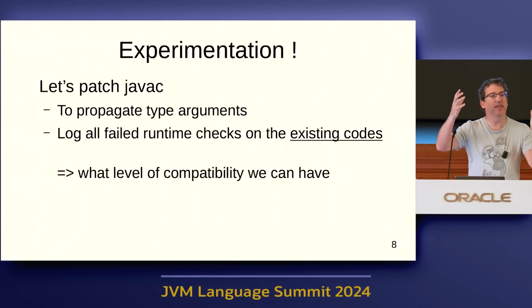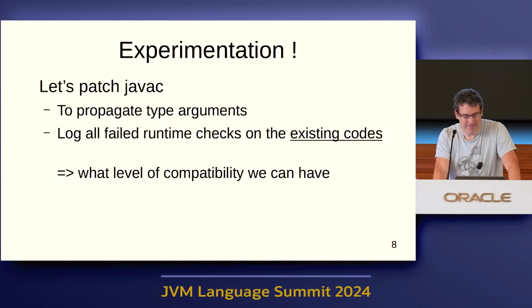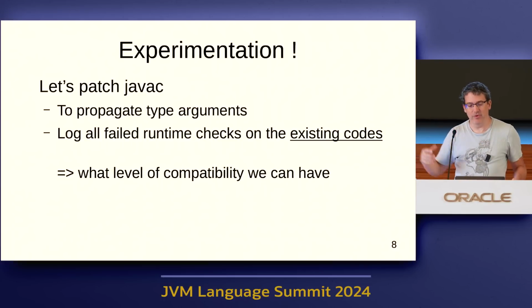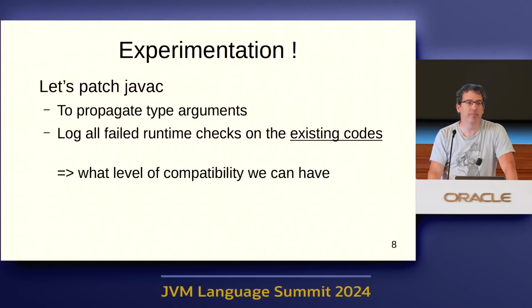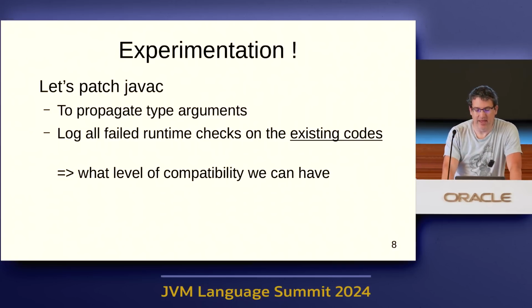We take existing programs and run them on the prototype, which we call Diego, obviously, and see if there are a lot of runtime checks that will fail or not, depending on the level, depending on whether we check the method entry or the cast. That will give us the level of compatibility.